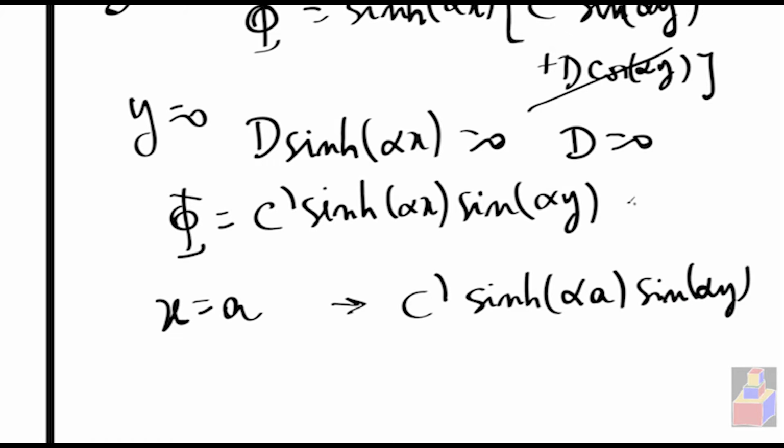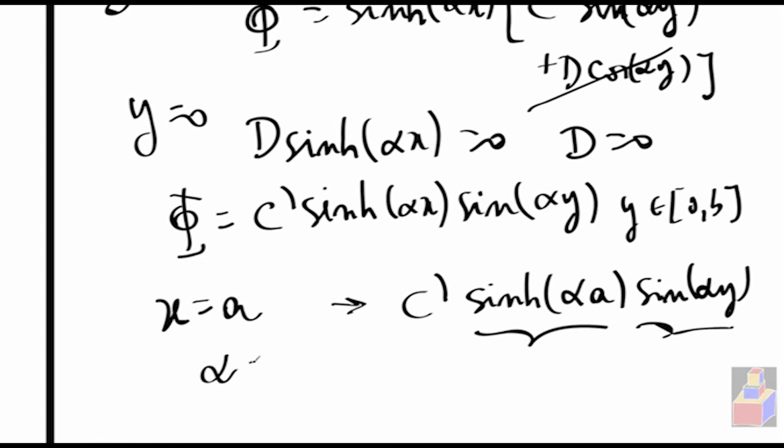You notice that y goes between 0 and b. So this cannot be 0 all the time, only at y equals 0. This has to be 0. I cannot have this 0 without making the argument 0. If I make the argument equal 0, alpha has to be 0. If alpha is 0, the whole function disappears. So the only possibility is alpha equals 0 or c prime equals 0. But if I do that, our function becomes the trivial solution, okay?